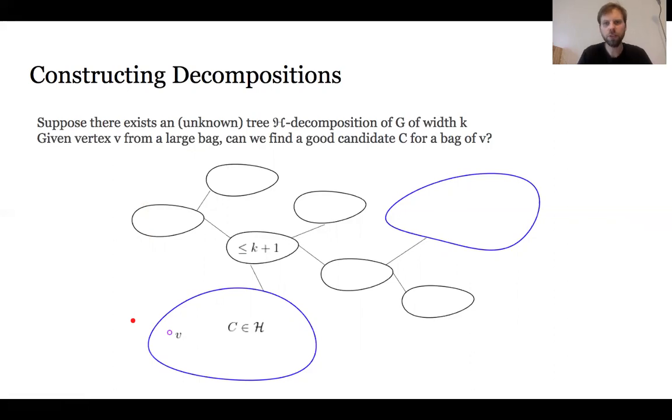So now we want to find some good candidate for this bag. And it means that we are looking for some vertex set which contains V that induces a subgraph belonging to the class H and whose neighborhood is small because its neighborhood is contained in just one regular bag.